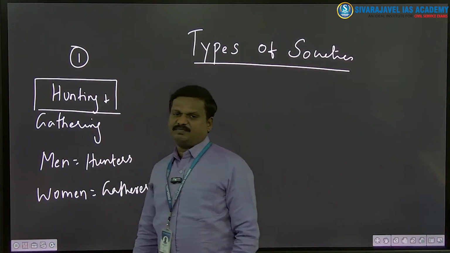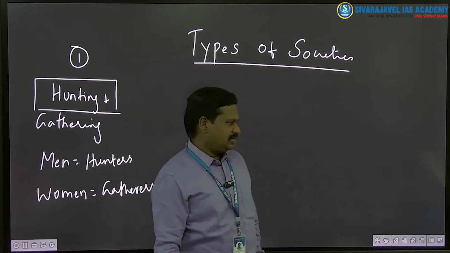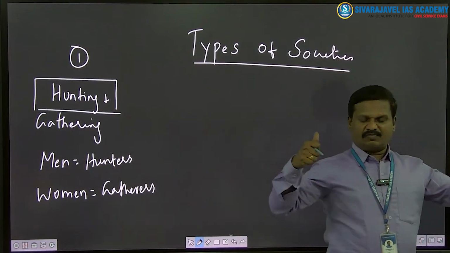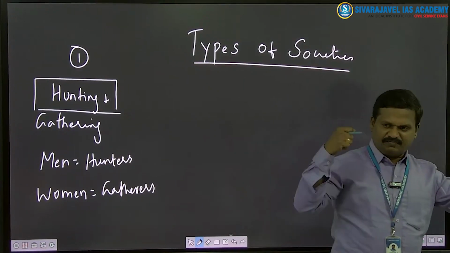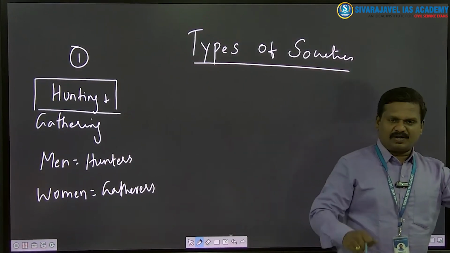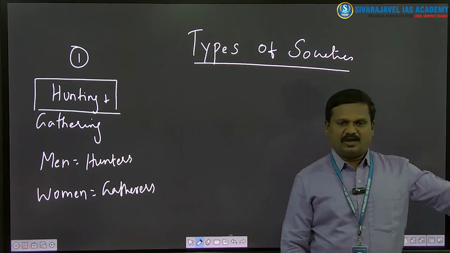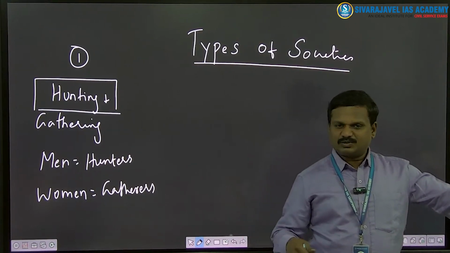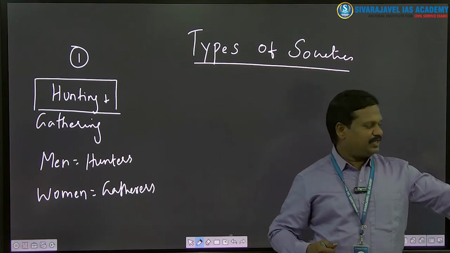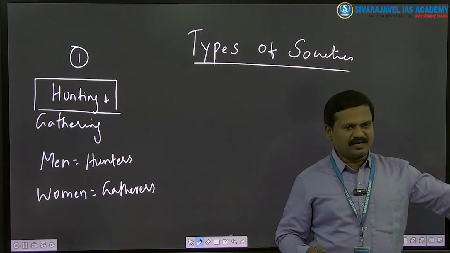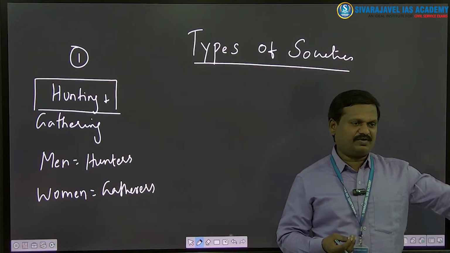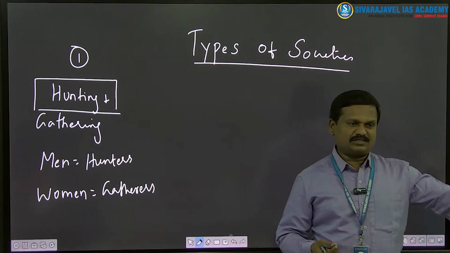Now, this is a very big sociological debate about whether men are hunters because they are very muscular and physically stronger, and women are doing a very dormant work of gathering what men have hunted. So is it that men are superior and women are inferior? This is a huge debate in sociology which becomes a core sociological debate.